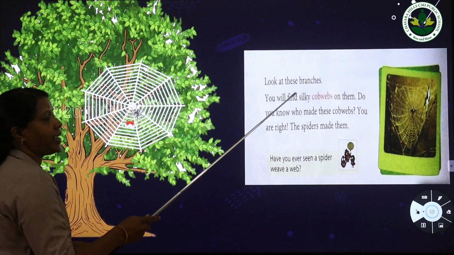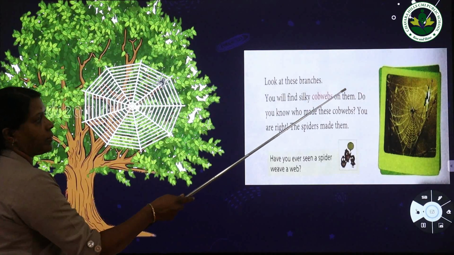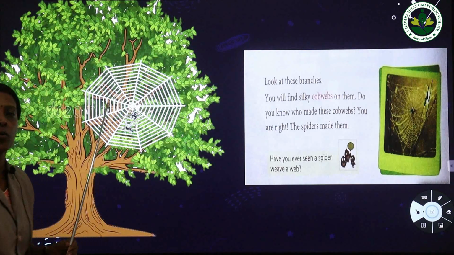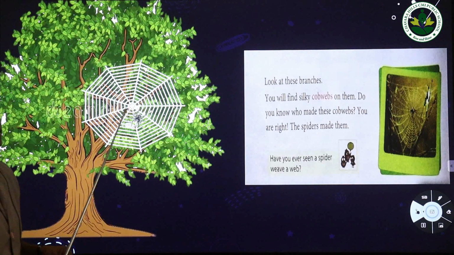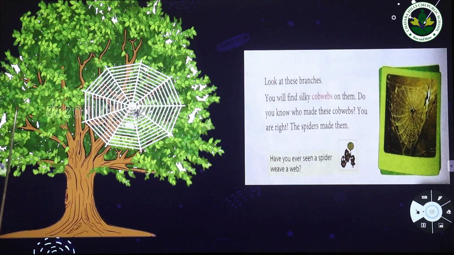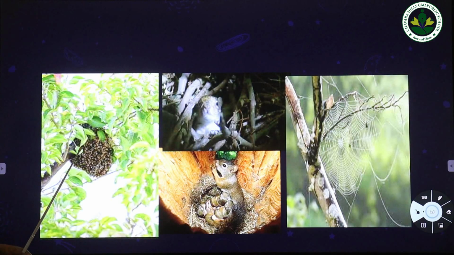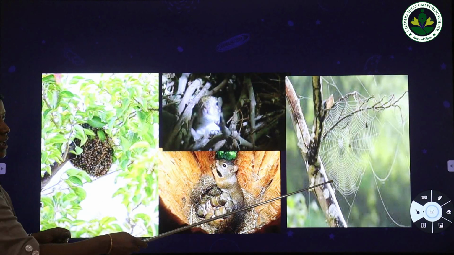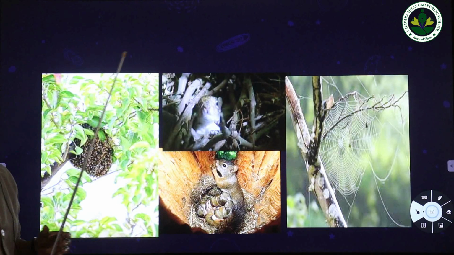Do you know who made this cobweb? Yes, the spider made the cobweb. Now what is this? This is the beehive. This is our squirrel, and this is the spider's web, the cobweb.